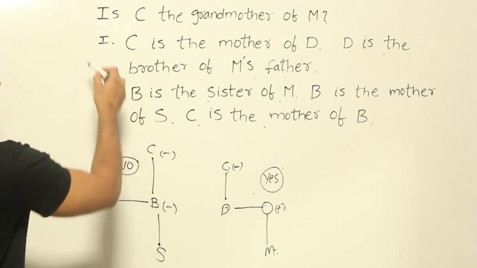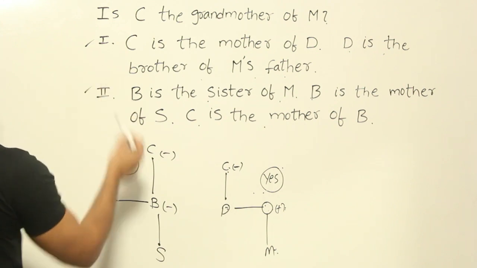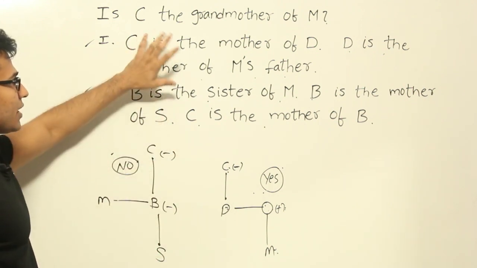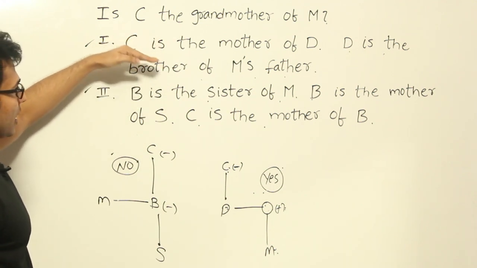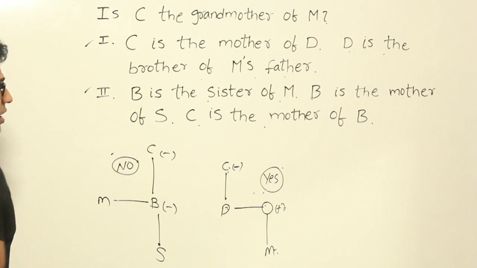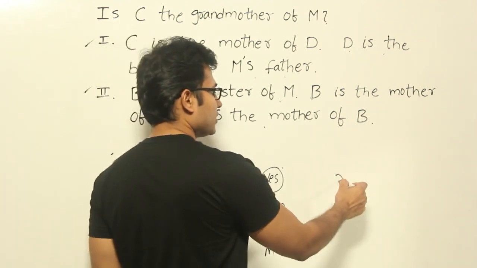So from statement number 1 you are able to say the answer is yes, and from statement number 2 you are able to say the answer which is no, right? Therefore since you are able to answer the question using either the information in 1 or the information in 2, you can say that either 1 or 2 is sufficient. So the option is 3.